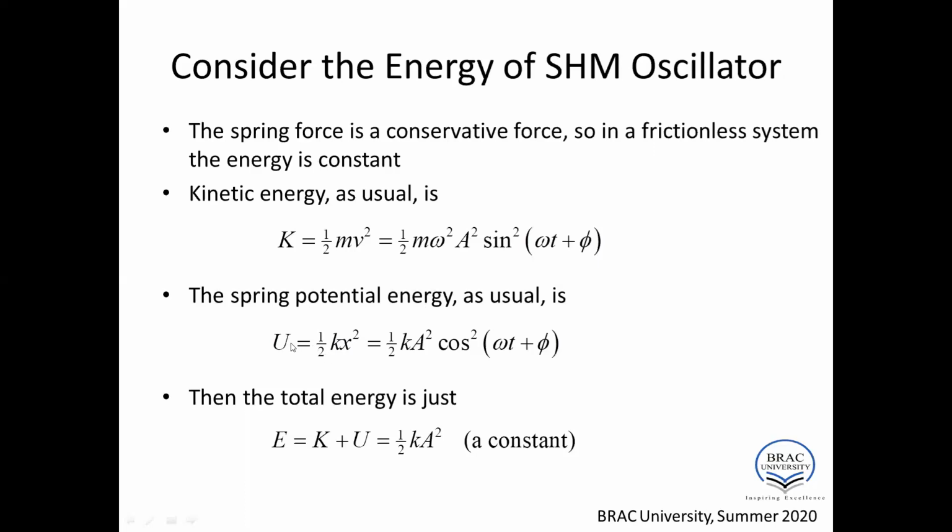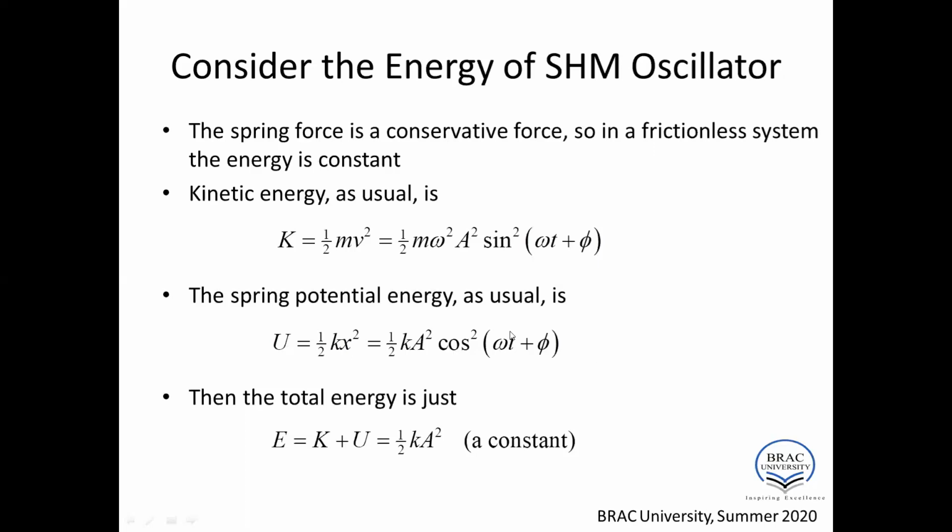We know that displacement x is equal to A cos(omega t plus phi). So if you put the value of x in this equation, potential energy is equal to half k A square cos square(omega t plus phi).